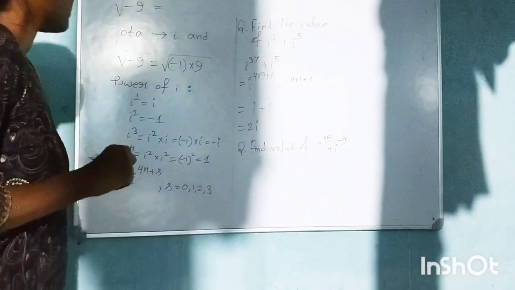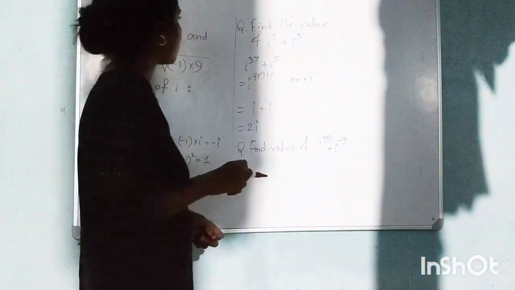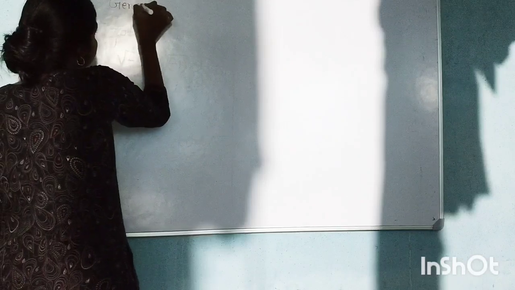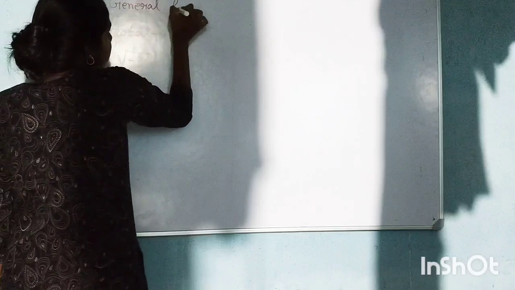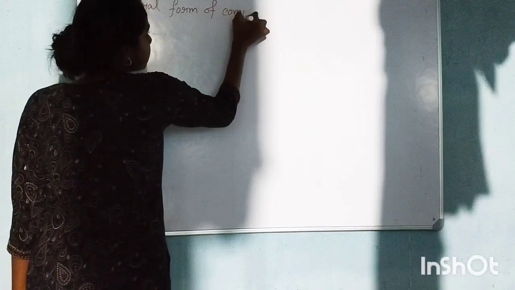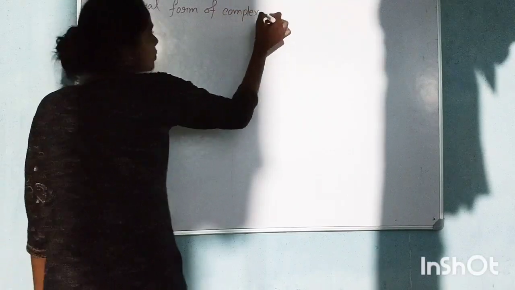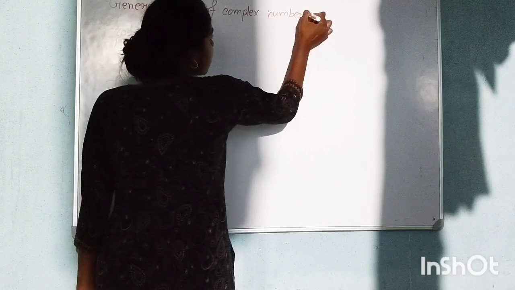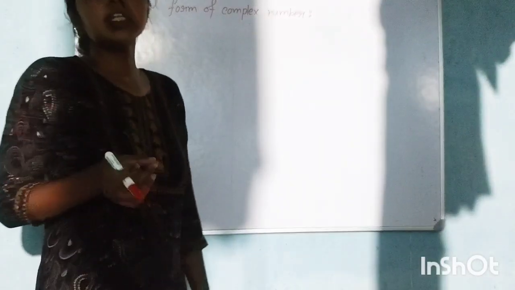Now we will see general form of complex number. So general form of complex number. Any complex number represented by z.